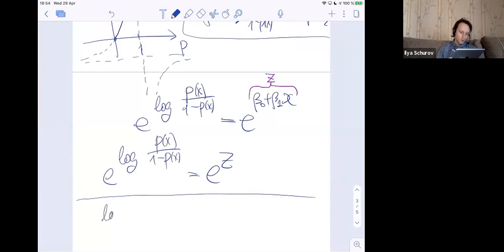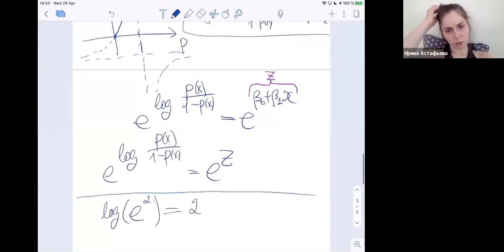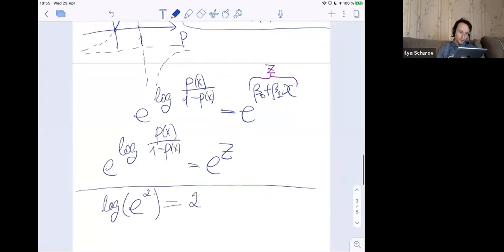What is logarithm of e to the power 2? It's 2 times logarithm of e. This is 2.